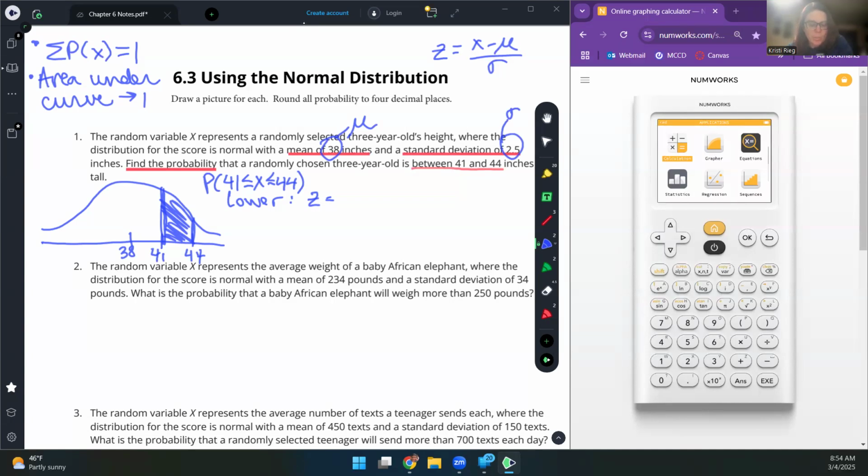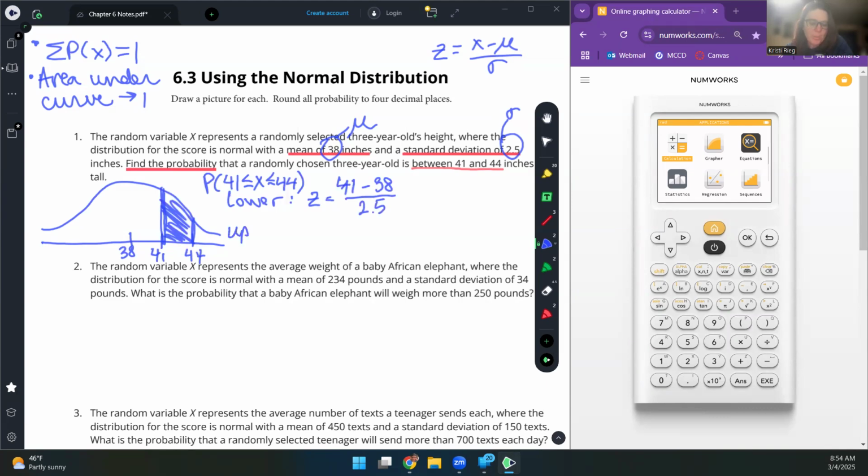So the lower z-score is going to be x, which is 41, minus mu, which is 38, over sigma, which is 2.5.